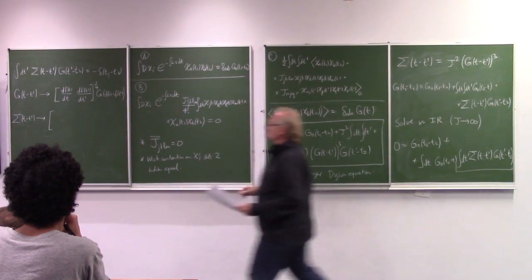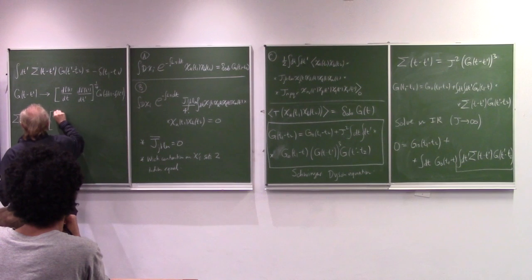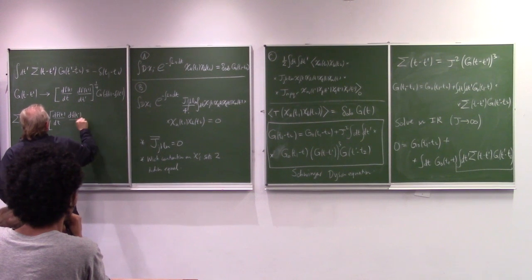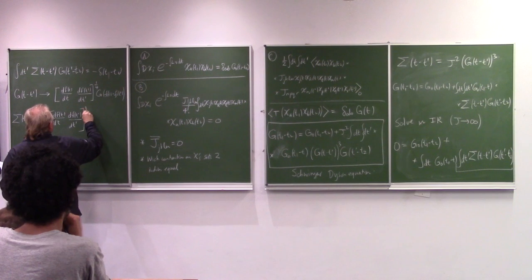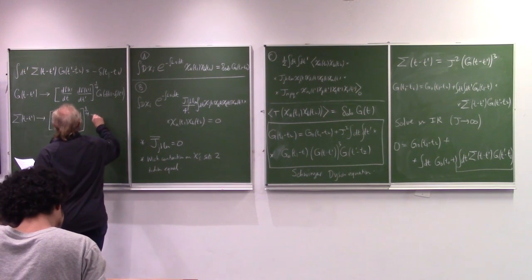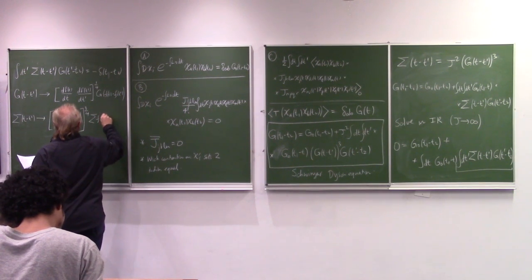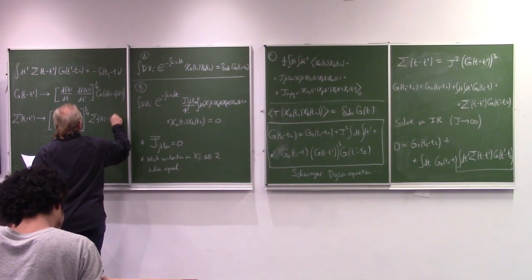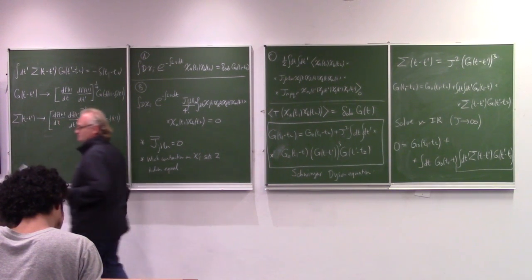So we must have the same factor that's cubed. f prime of t, f prime of t prime, to the 3/4, sigma of f of t minus f of t prime.